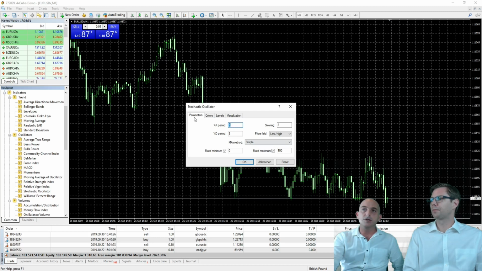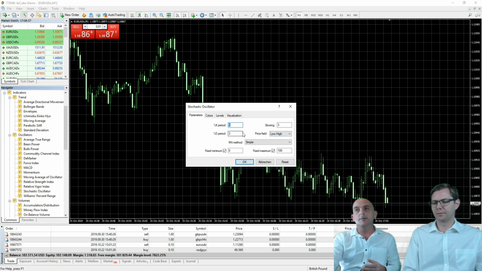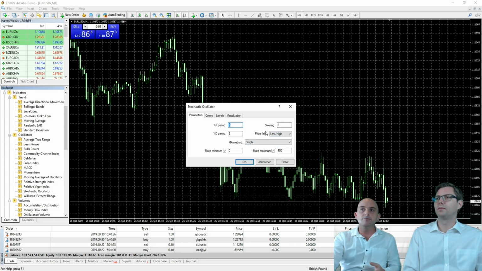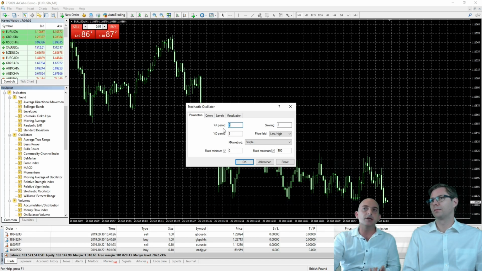You see that we've got some parameters here. I will go through in a little bit more detail exactly what a percentage K period is or percentage D period is. But the industry standard for stochastics is 14.